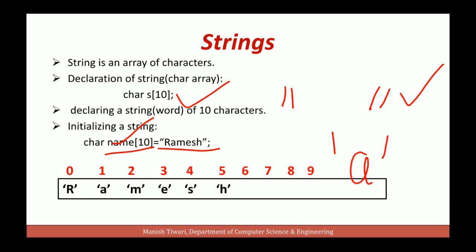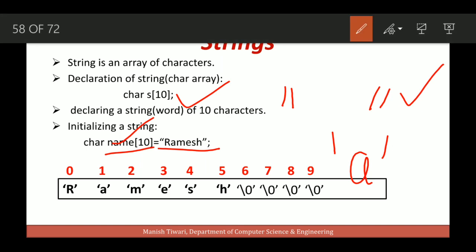These are the characters which will be there in this array, and you can see there are only 6 characters we have initialized. So what about these 4 characters? These 4 characters will be auto initialized with the null character. You can see \0. \0 is called the null character.